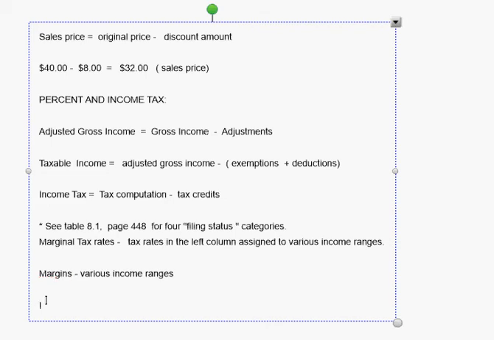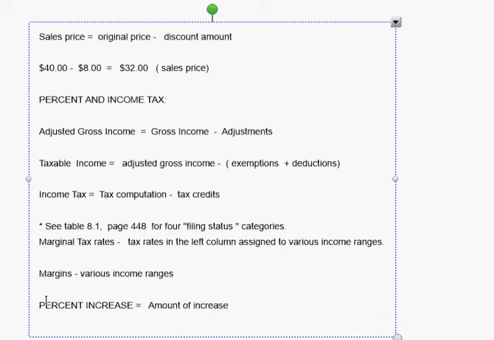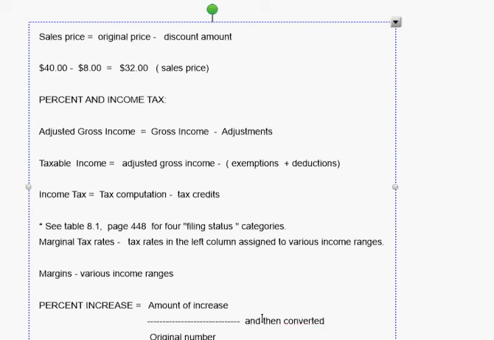Now, what about percent increase? Percent increase is equal to amount of increase divided by the original number, and then converted to a percent.